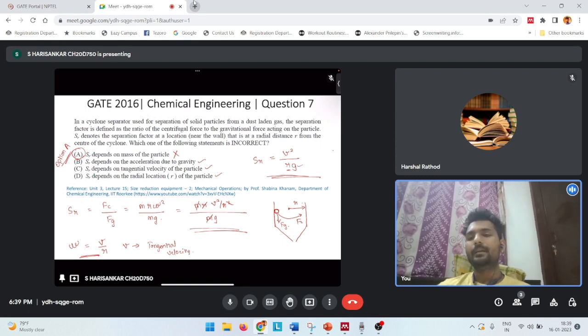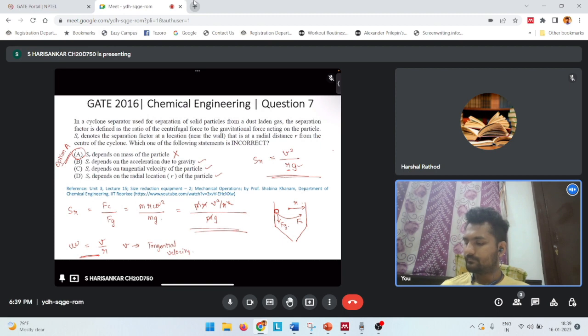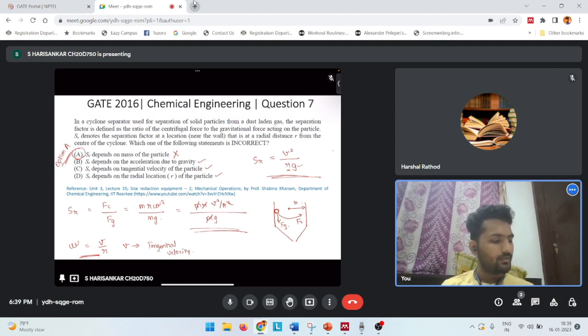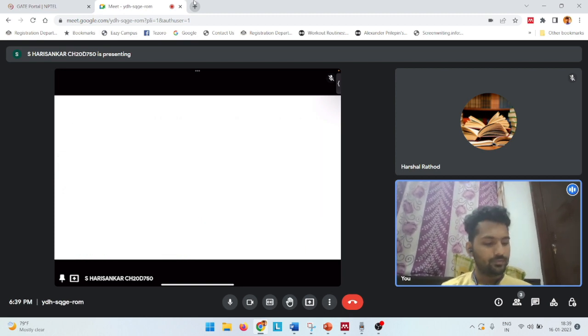It is independent of the mass because the mass term gets cancelled in the numerator and the denominator. Right. So let's move on to the next question.